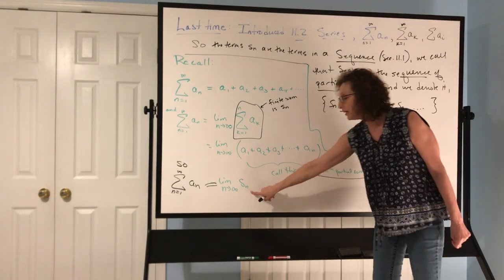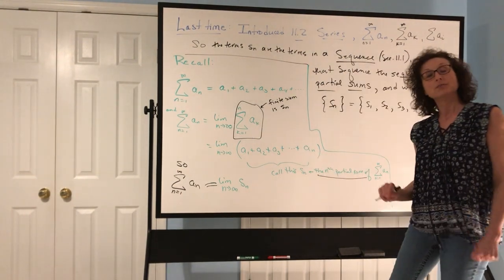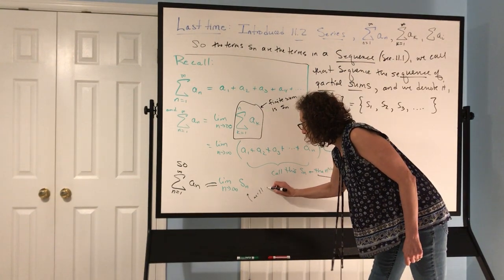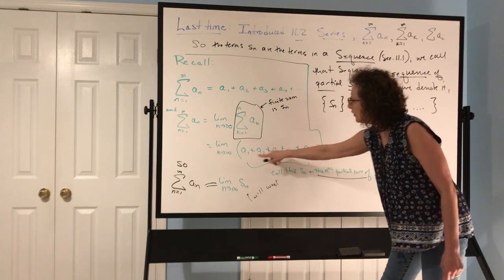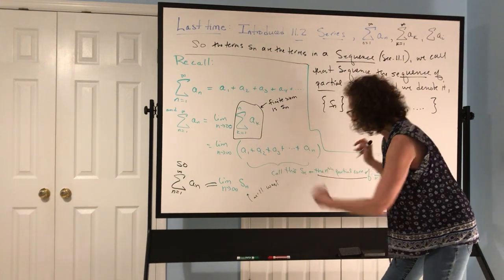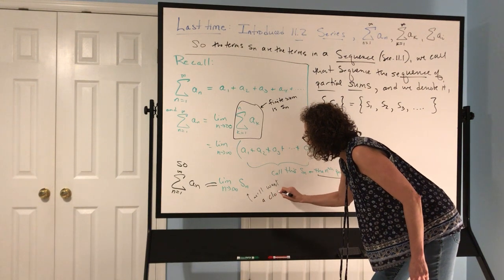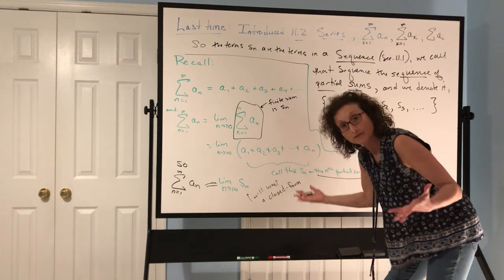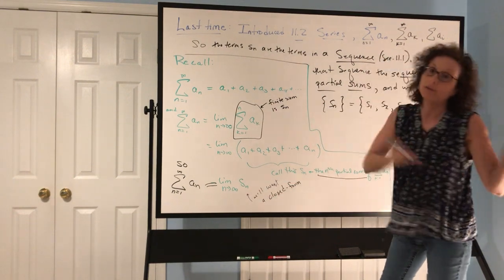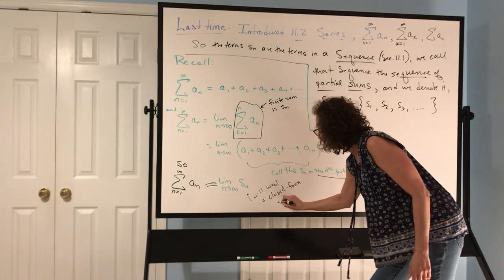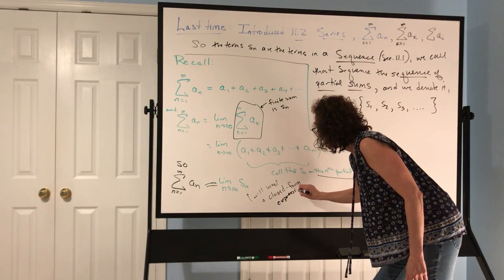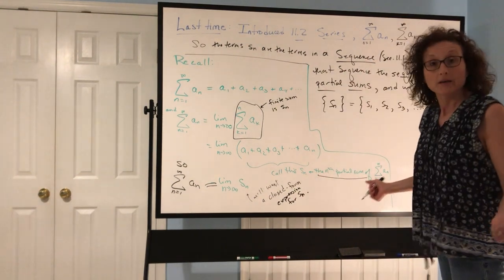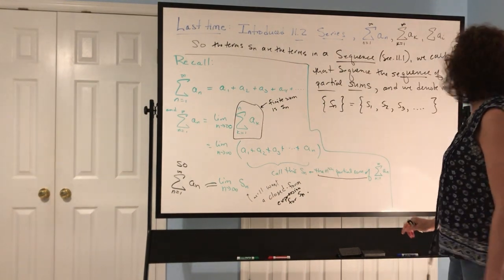We'll want a closed form, like a formula that only involves n, that we can easily take a limit of, just like we were doing in section 11.1. We'll want a closed form expression for S of n, which is not what we have so far. We just have summation expressions.